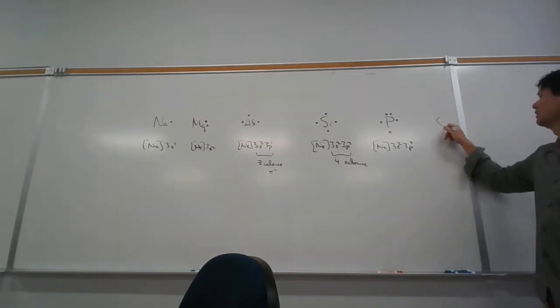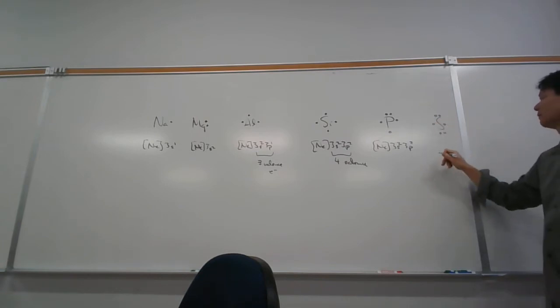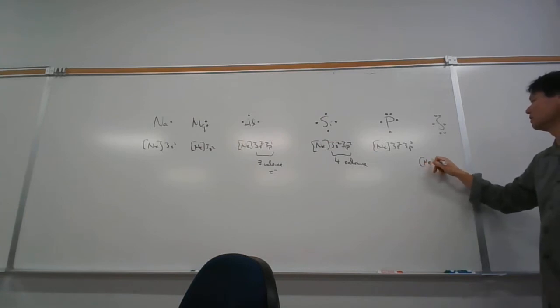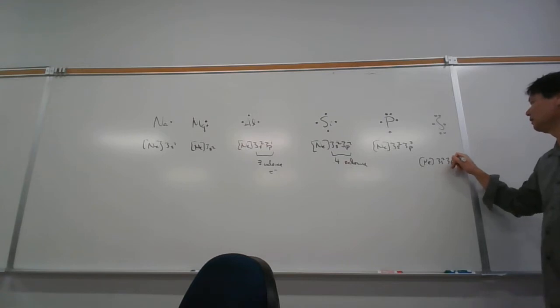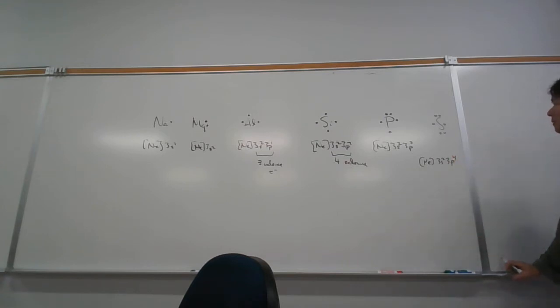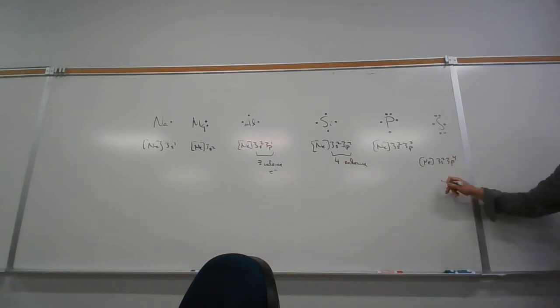Sulfur has six, and so I draw them like this. Two singles, two paired. But when I look at the electron configuration, it's going to be neon 3s2, 3p4. 3p4 gives us three paired in the electron configuration.